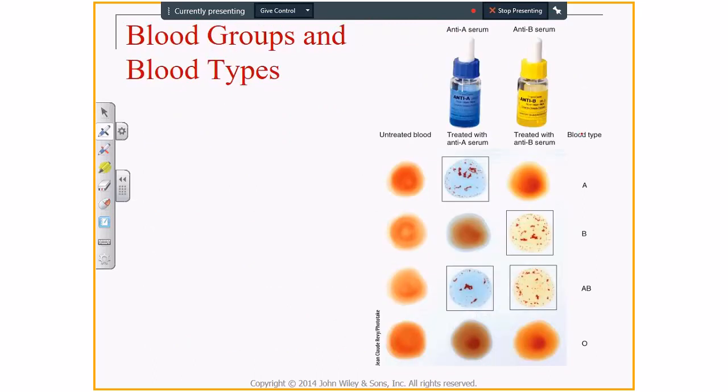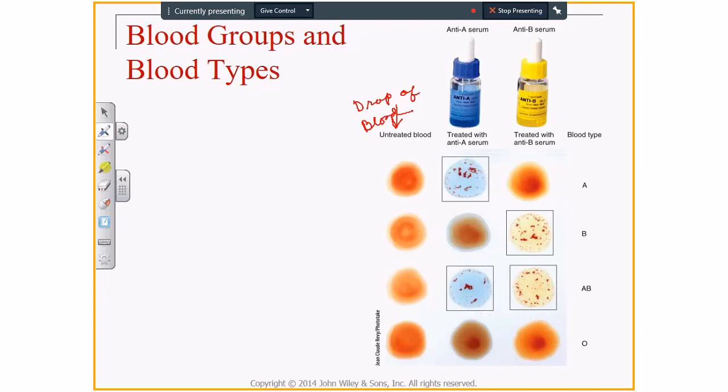Okay, so when you take a drop of blood, this is going to be your drop of blood. You are going to need 3 drops of blood for each sera that you're testing.